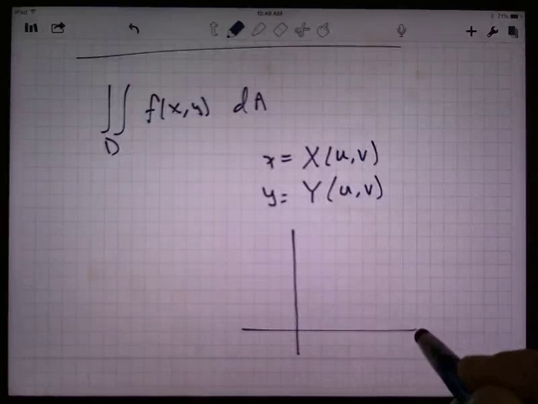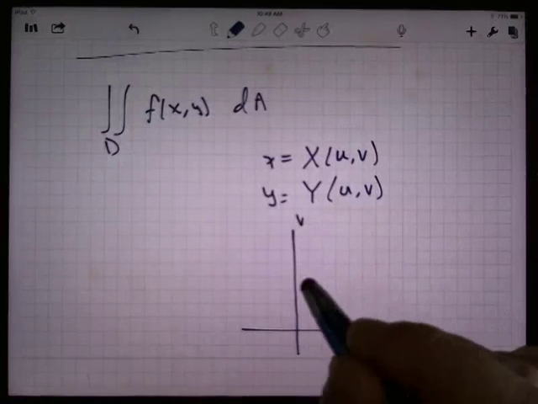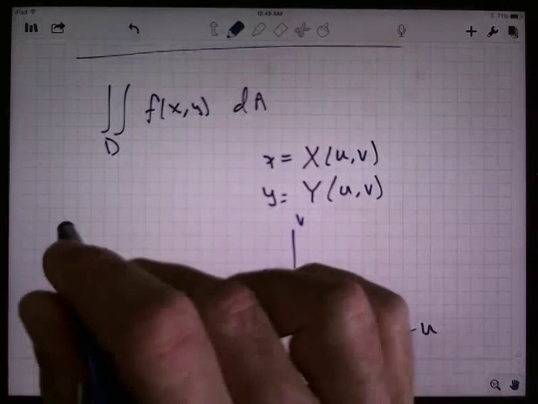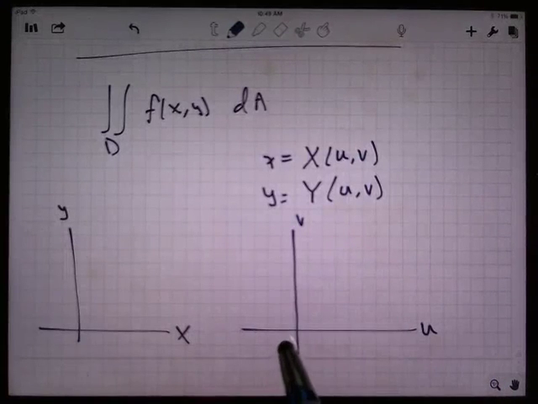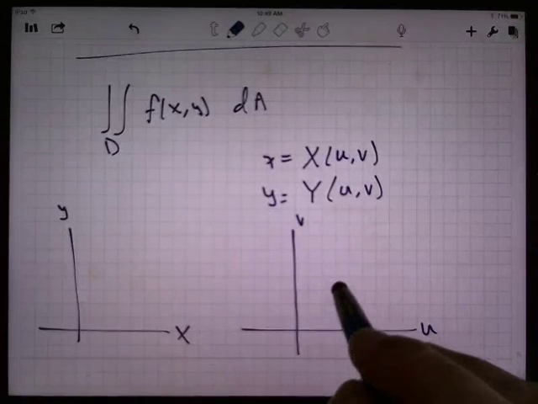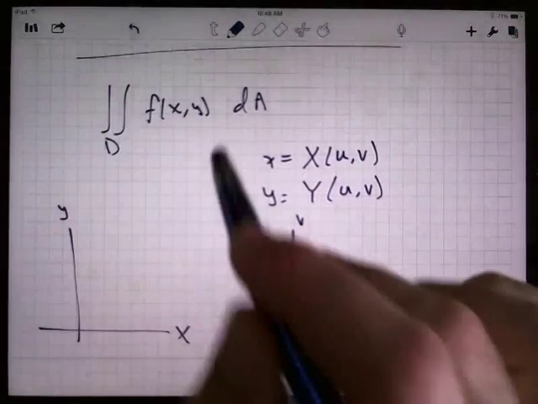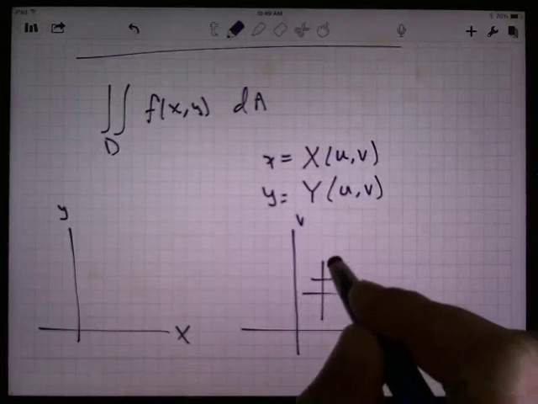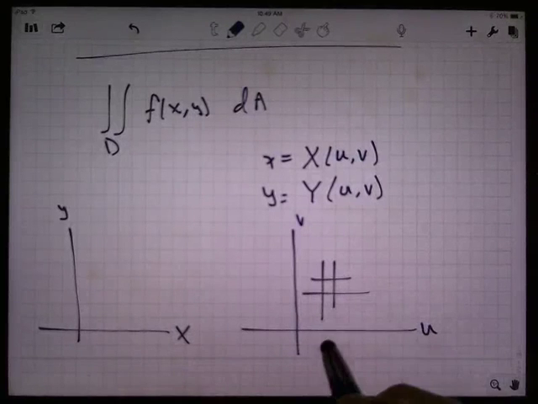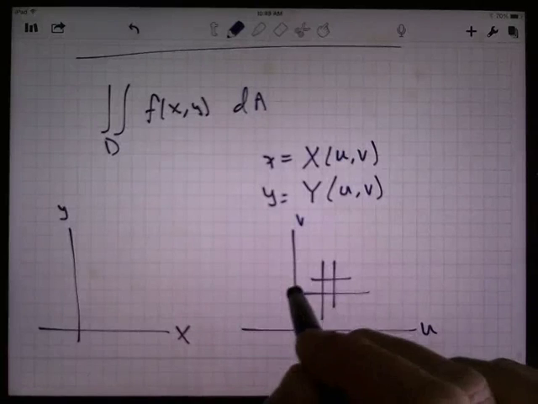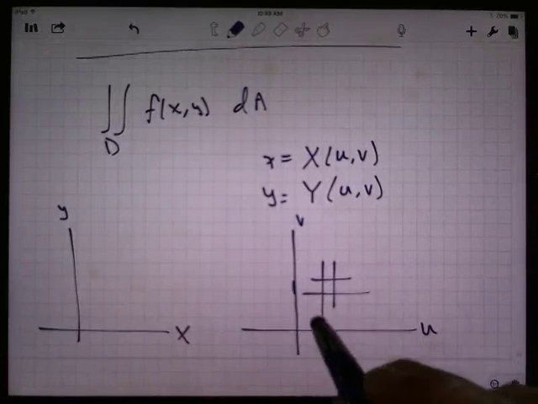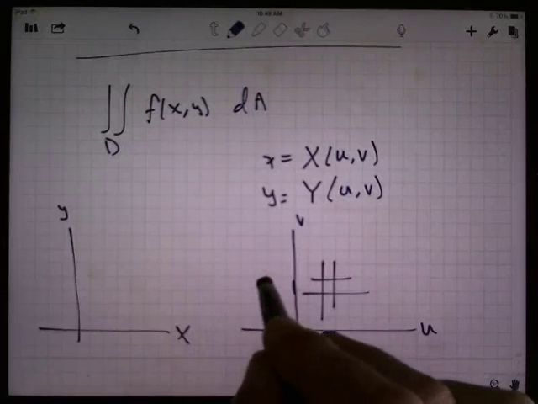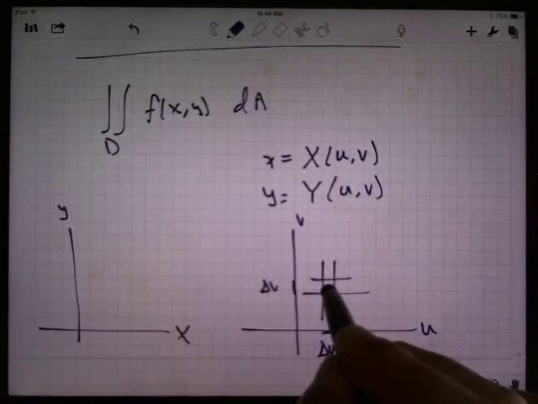So here's the situation. You've got a UV coordinate system, and you're translating it into an XY coordinate system. And the dA that you're calculating is, if I take a little bit of area over here, so I've got a little change in U times a little change in V, so let's actually use delta. A little change in U times a little change in V, I've got that here.